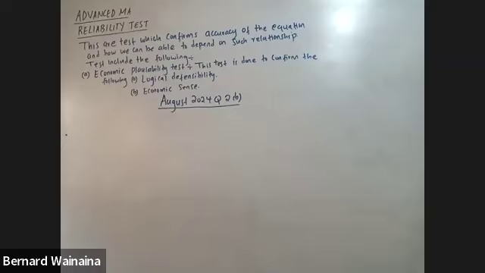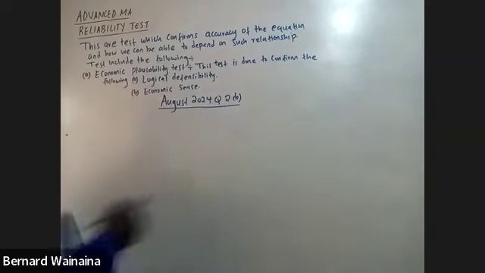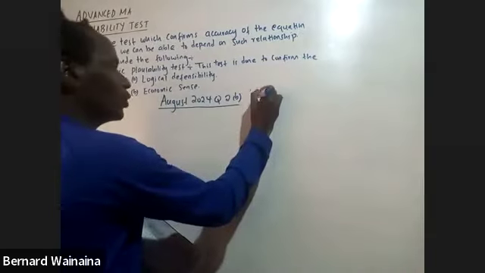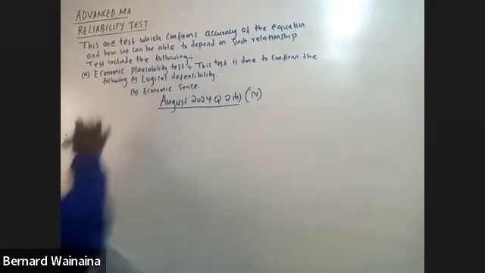Let us open our past paper. August 2024, question number 2B, and specifically I want us to answer part 5, because the other parts we are doing slowly; the test is long.